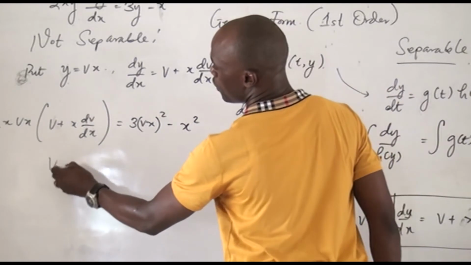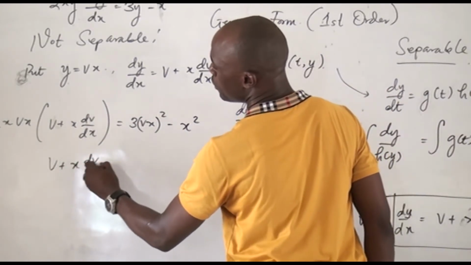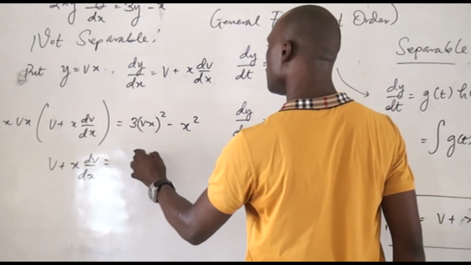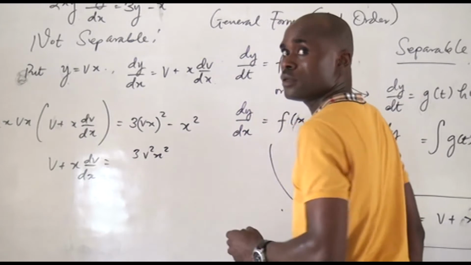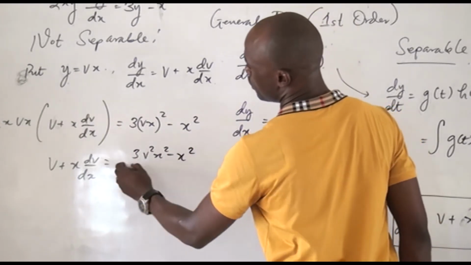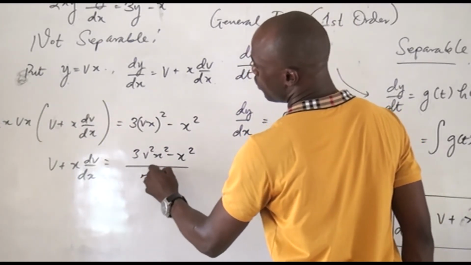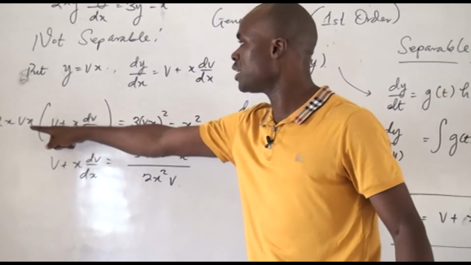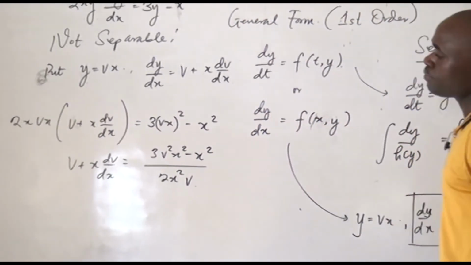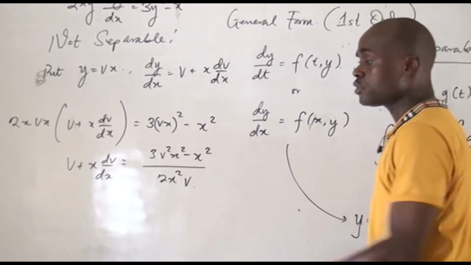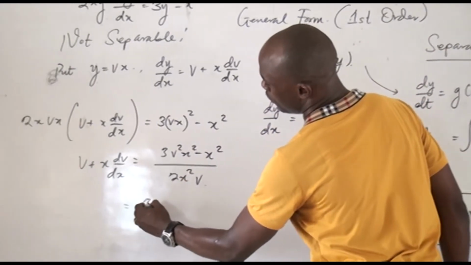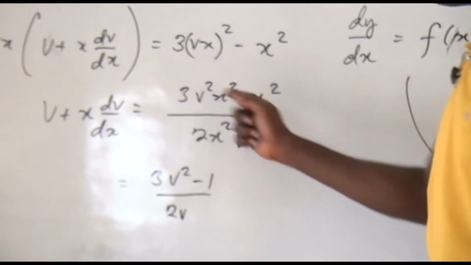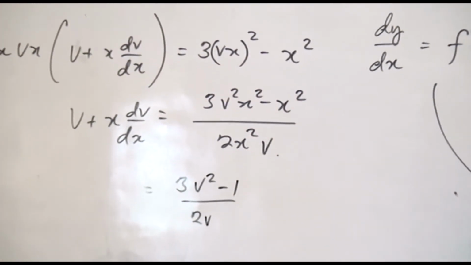That is going to give us v plus x dv/dx equals, if we factor this out, 3v squared x squared minus x squared divided by 2x squared v. So I divide both sides by this. You see x squared is common, so we can cancel them out and have 3v squared minus 1 over 2v.